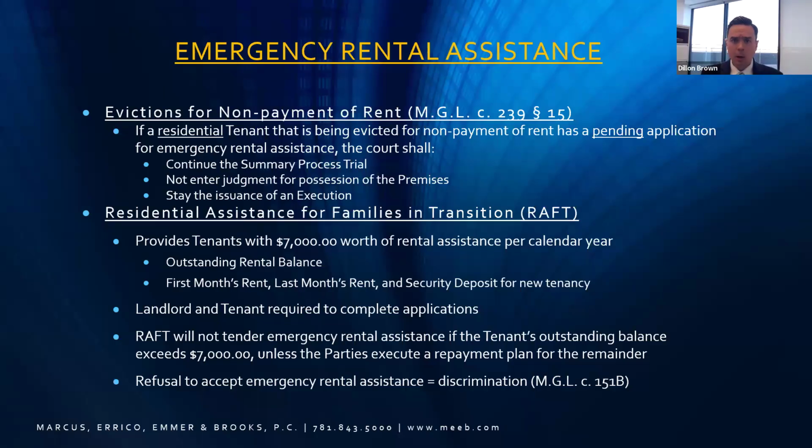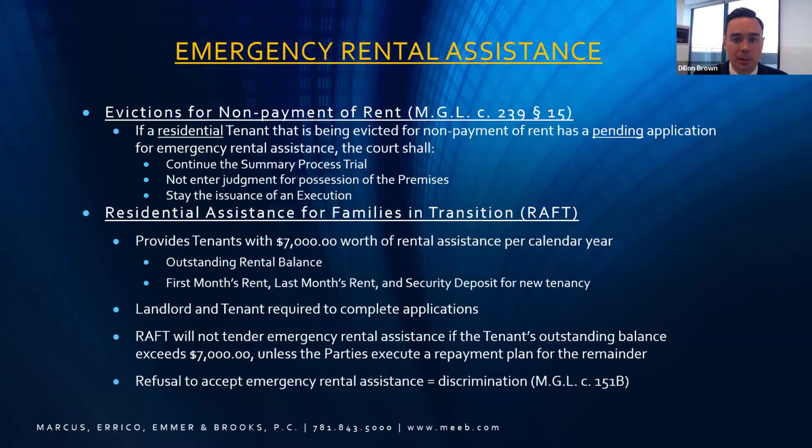What's also important to note is that in order for a landlord to receive emergency rental assistance through RAFT, both the landlord and the tenant have to complete applications. So as soon as the tenant applies, they give RAFT the landlord's contact information, and RAFT reaches out to the landlord or the property manager and asks for a bunch of information. Proof of ownership, so you send them a deed.